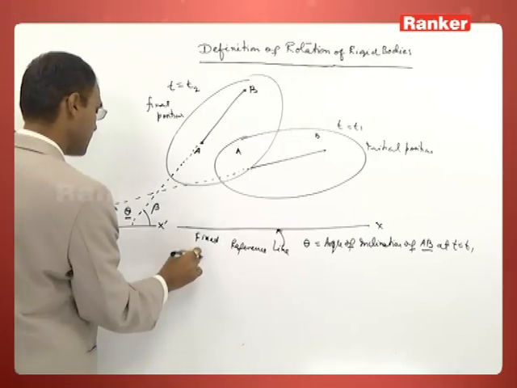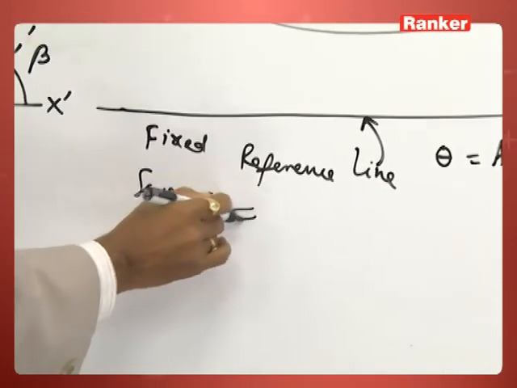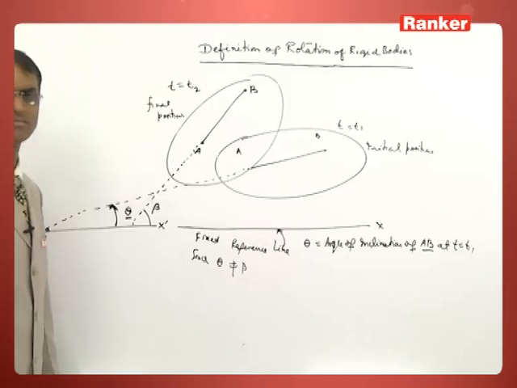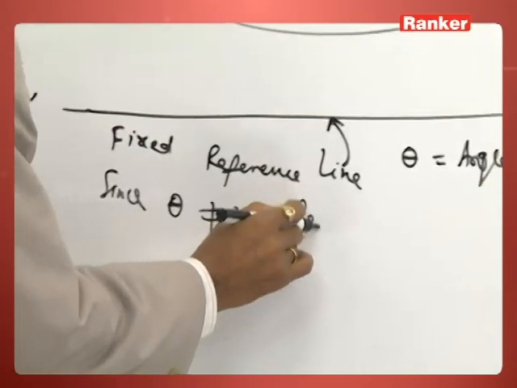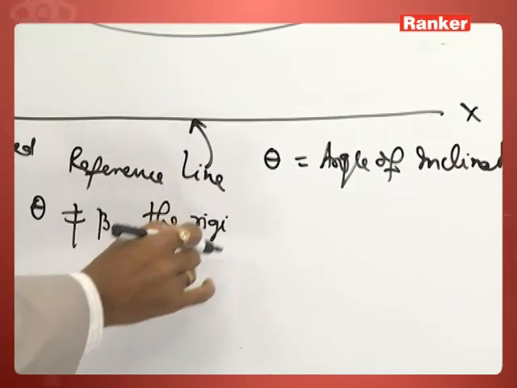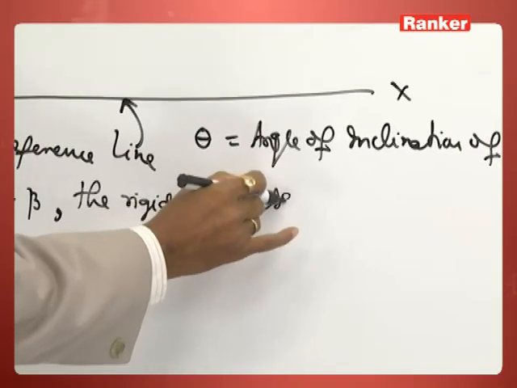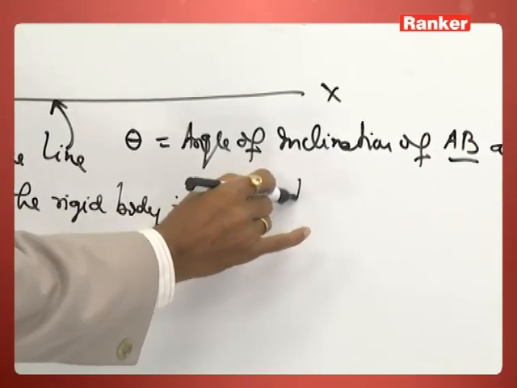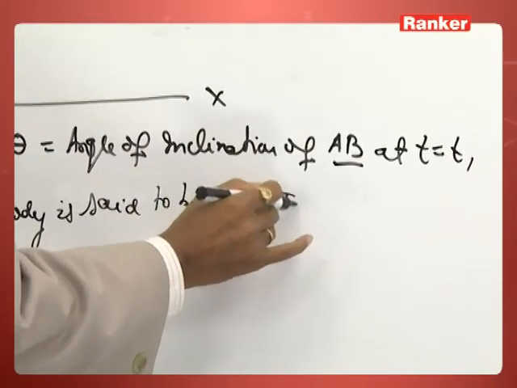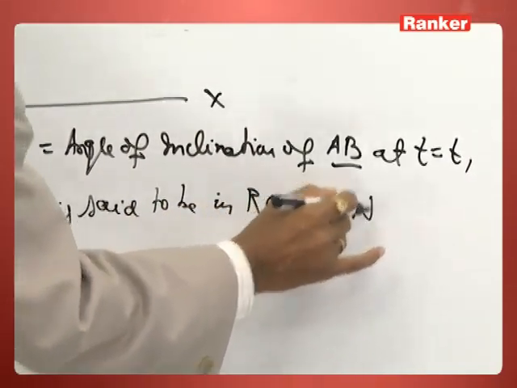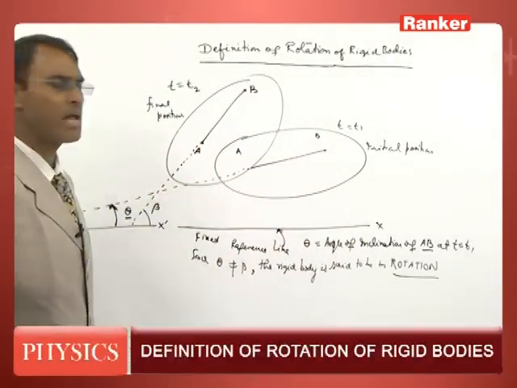Since theta is not equal to beta, the rigid body is said to be in rotation, or we can call it angular motion.